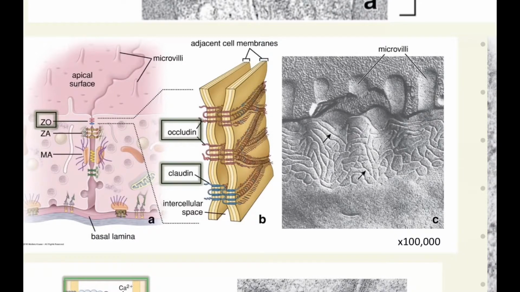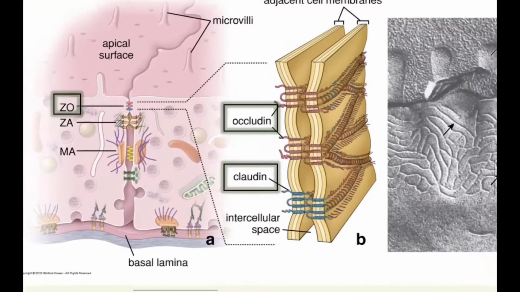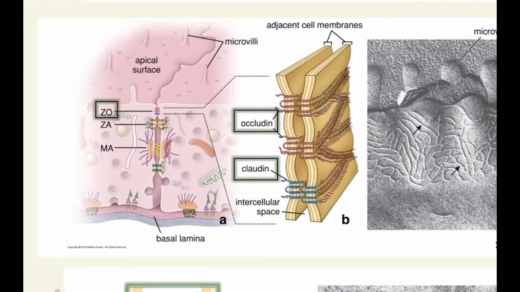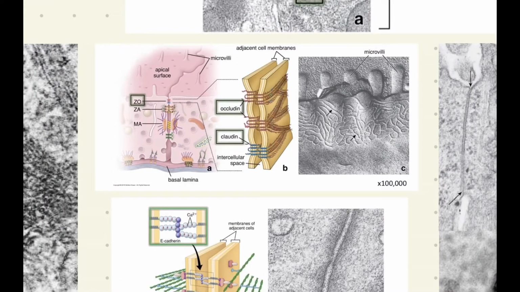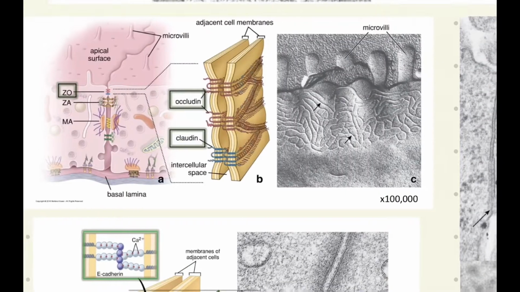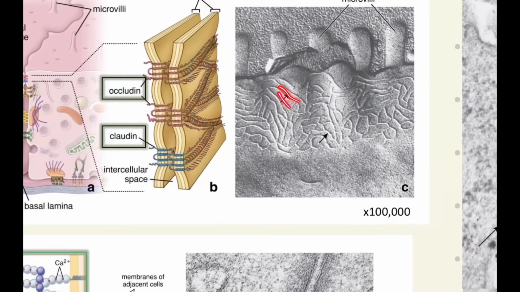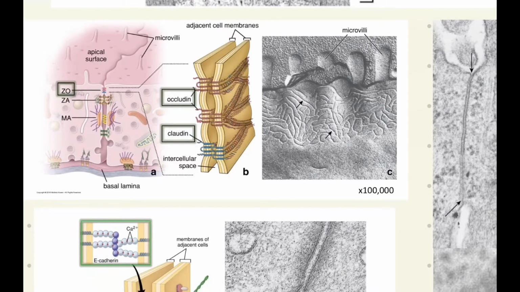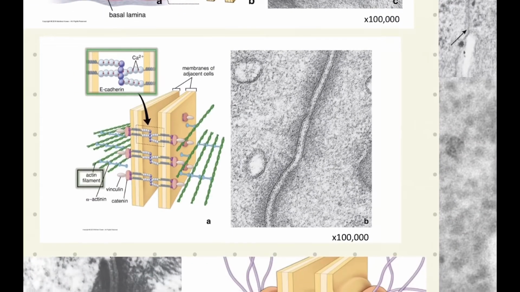Okay, they're tight and they don't allow any water to pass through. They're very waterproof. They don't allow anything to pass through. So this makes sense because it's on the top part of the epithelial cells, so that you're not letting water just freely pass through, right? And then you can see here, these little outlines are going to be your Zonula Occludens.